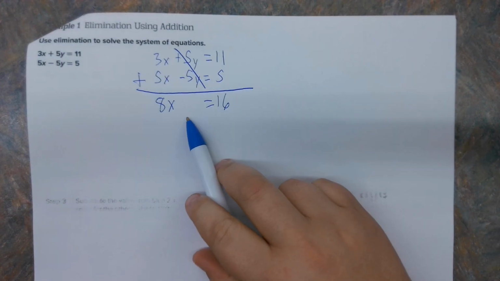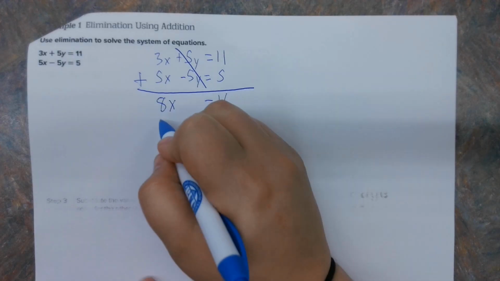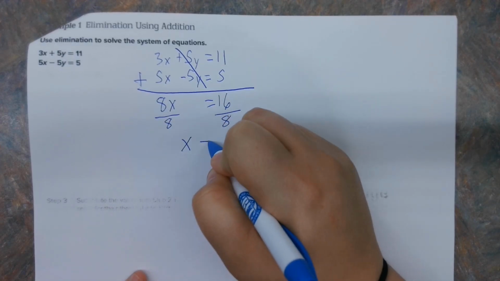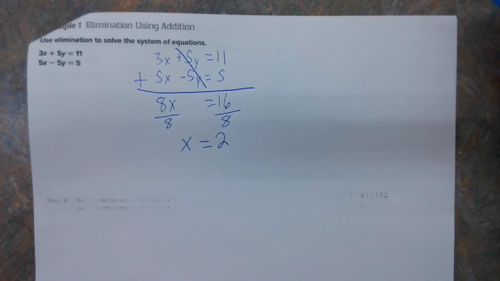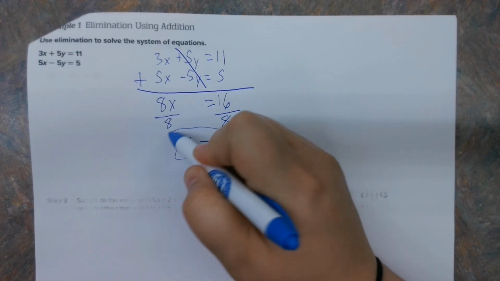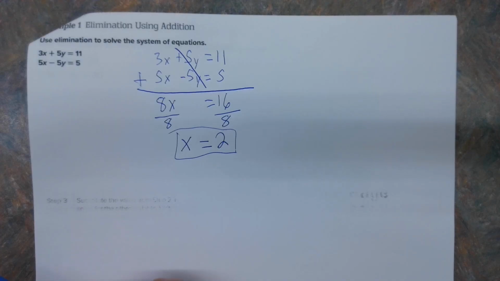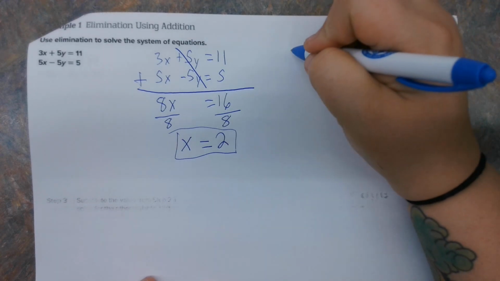I can finish solving this problem to find x. Divide by 8, divide by 8. X equals 2. Now that I have x equals 2, I'm going to plug into one of my original equations to find y. It does not matter which one. You look for the easier one, but these both look about the same. So I'm just going to use the first one.